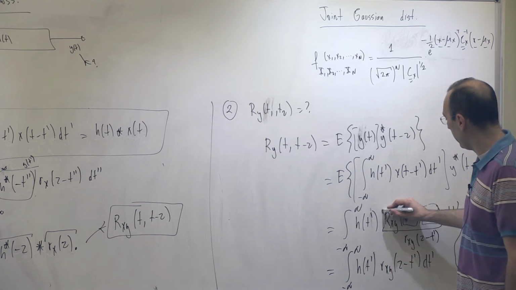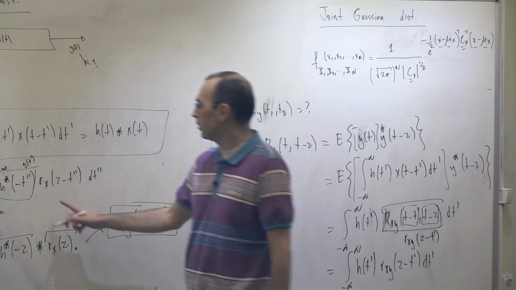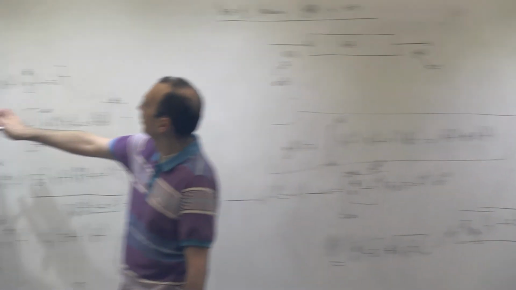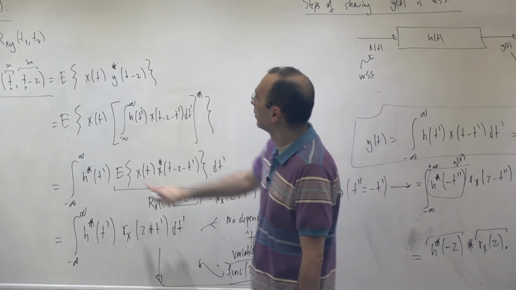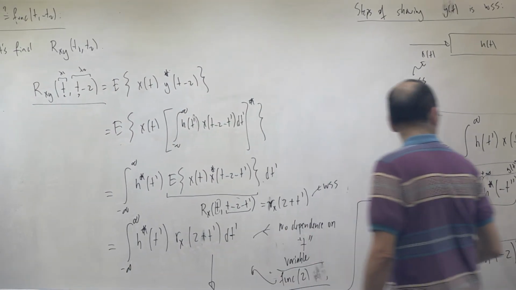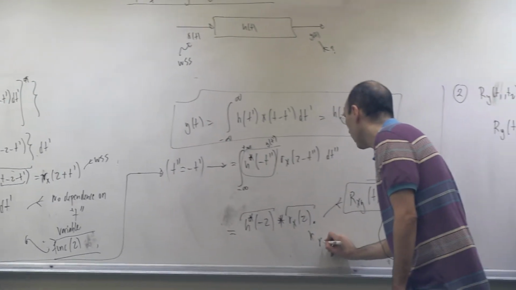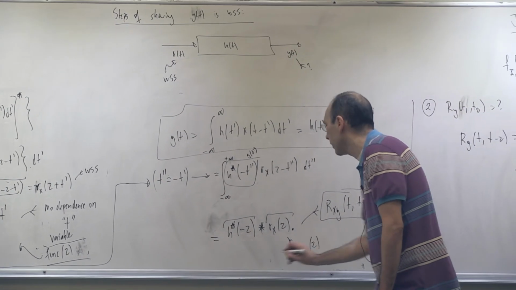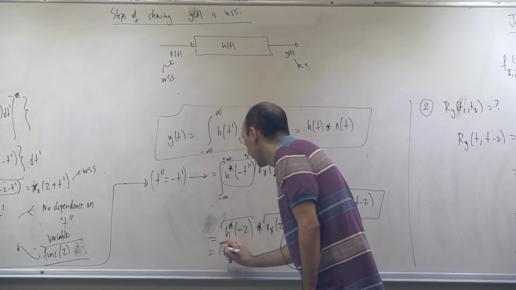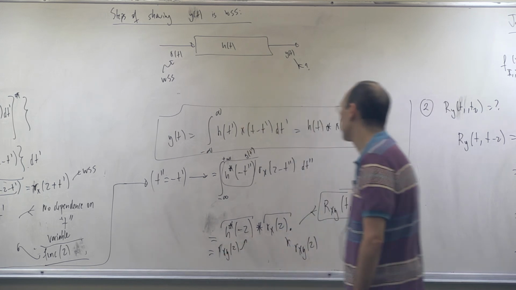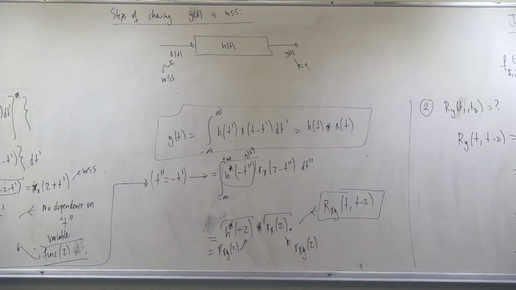So we have made use of this result over here: Rxy is a function of tau only. Maybe I should write this before. I'm writing this as Rxy of tau. This is my Rxy of tau, a function of tau only.